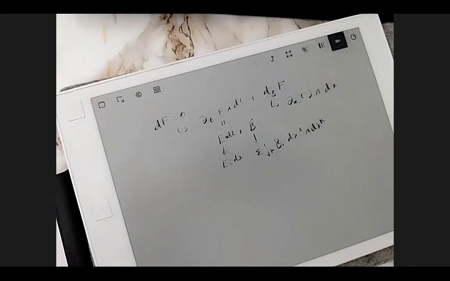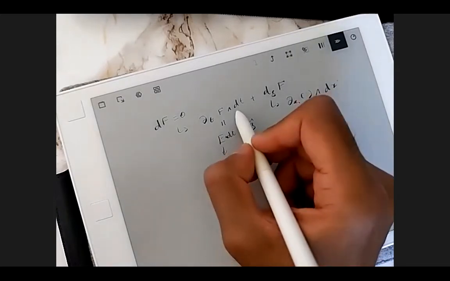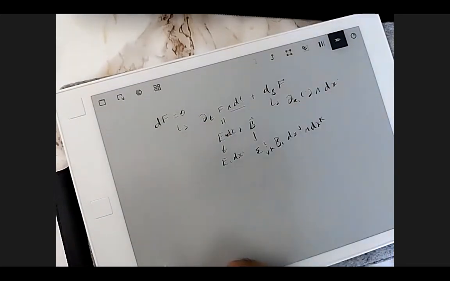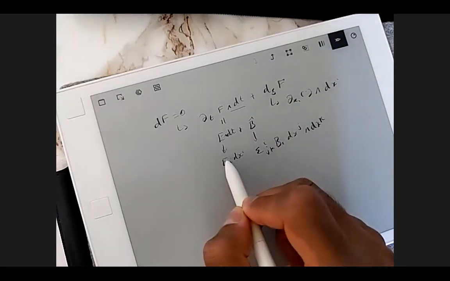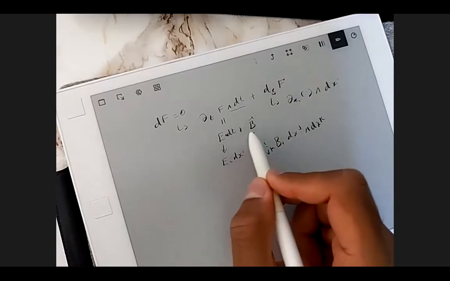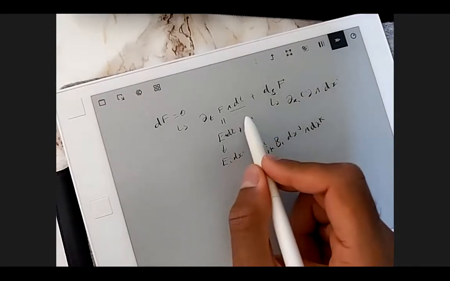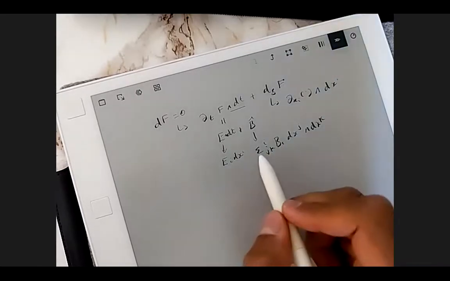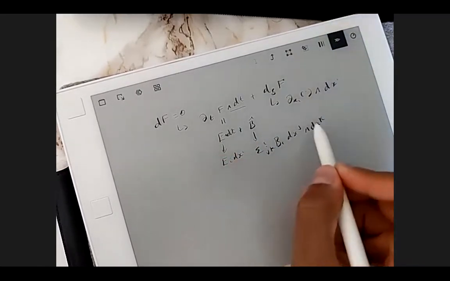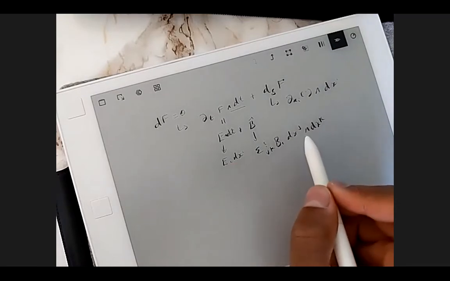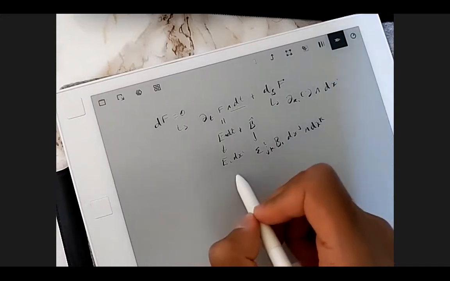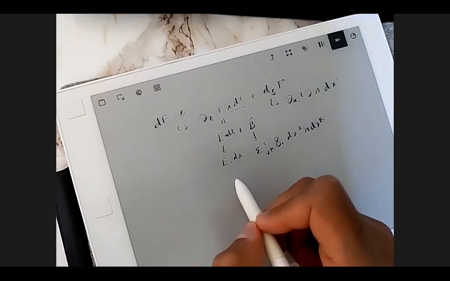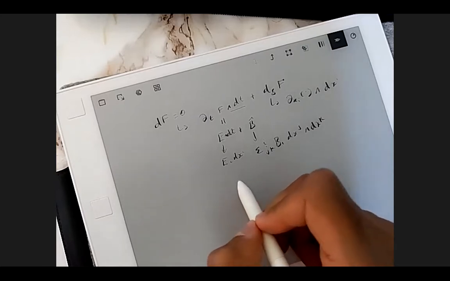So you guys following so far? So what happens if I have wedge here? It's going to give 0 when it hits this, because I have dt wedge dt. So that means that this term is really only going to see contribution from here. Cool.